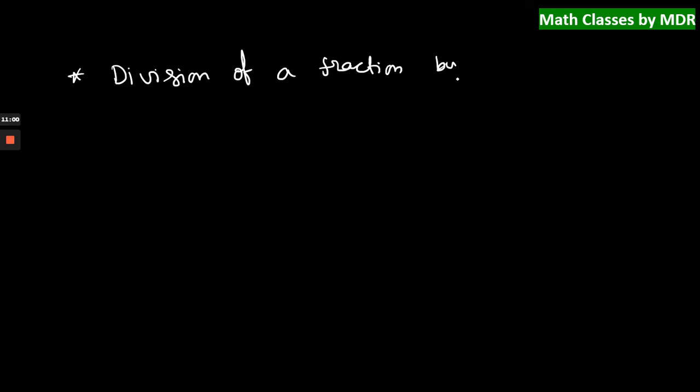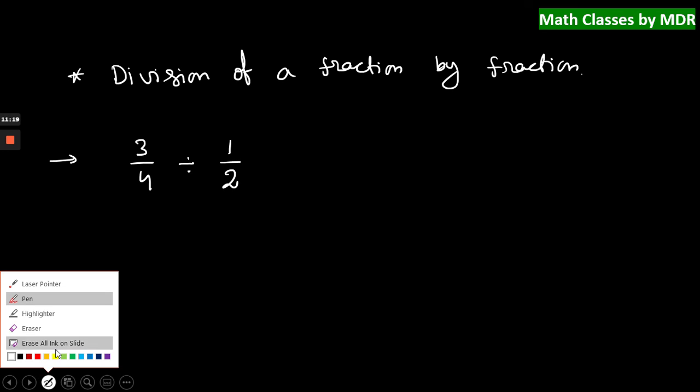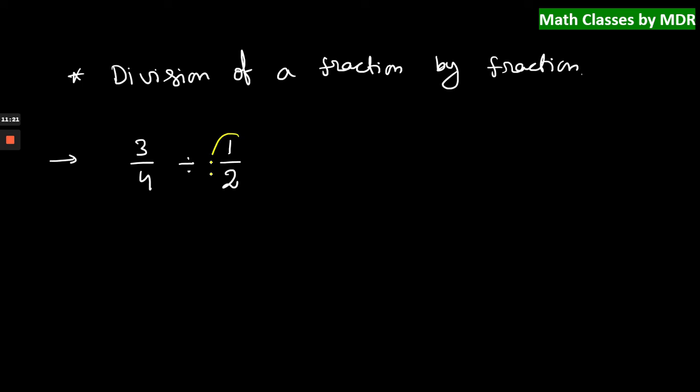So let me take you through division of a fraction by another fraction. So this is also easy, but the thing is that suppose you have to take 3 by 4 divided by 1 by 2. In this case, what we do is we take the second fraction, and from the second fraction we take the reciprocal, right? And that reciprocal we multiply by 3 by 4.